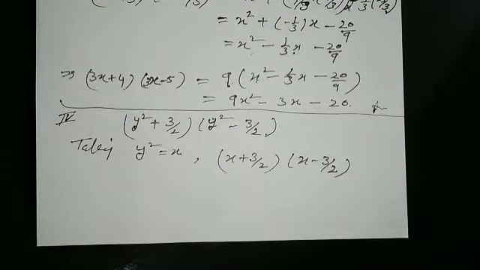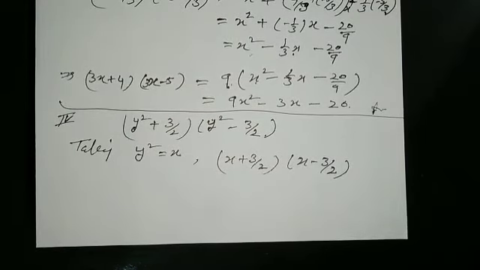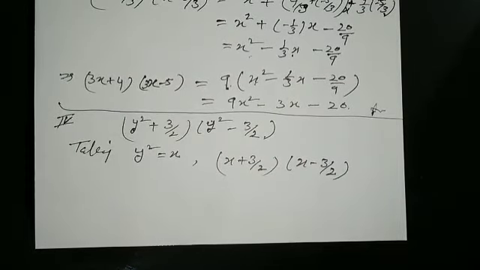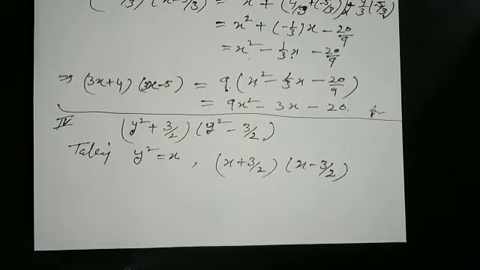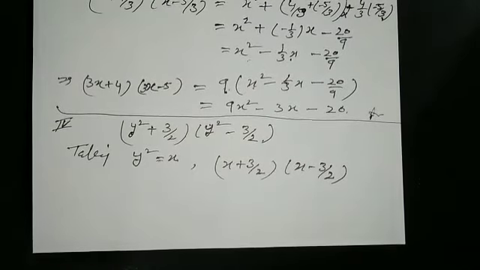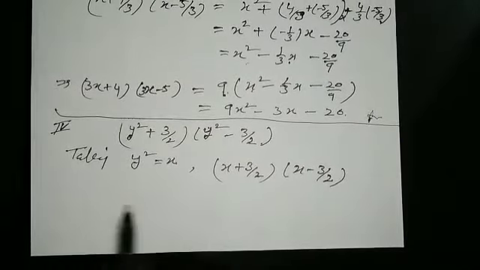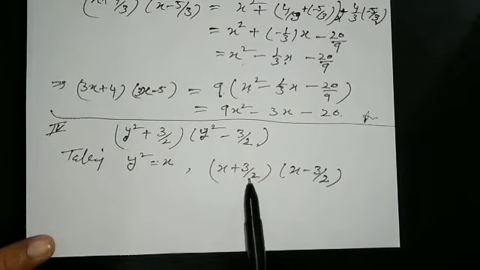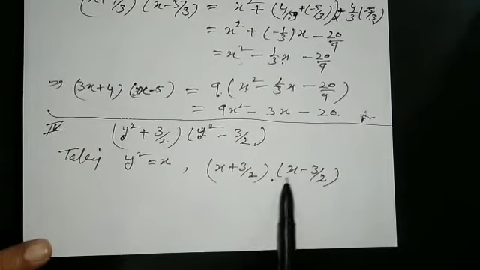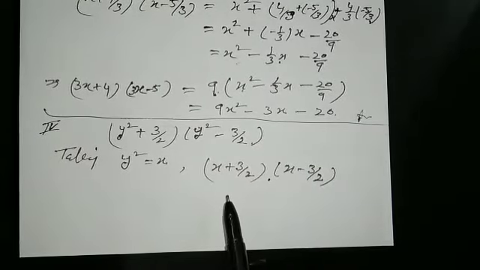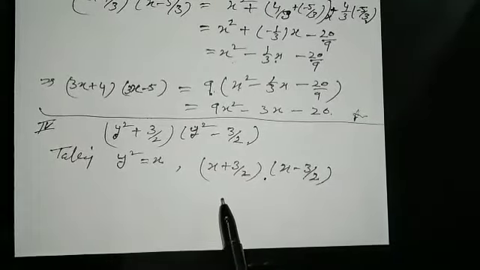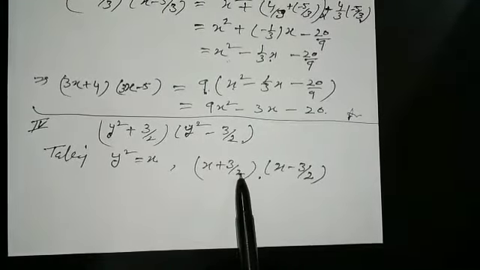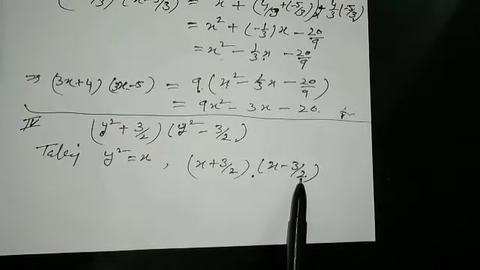So which identity will you use? The above identity. In the above questions we have used that identity. Here also you can use it. Also we see that the form of this expression belongs to identities. The first one is x plus a into x plus b, and the second one is x plus a into x minus a, right?